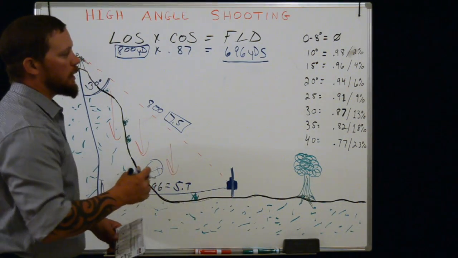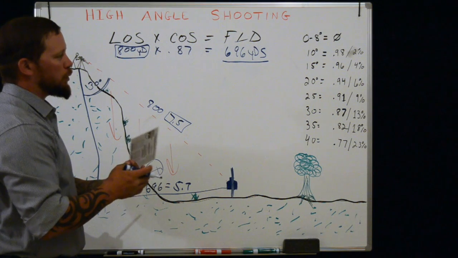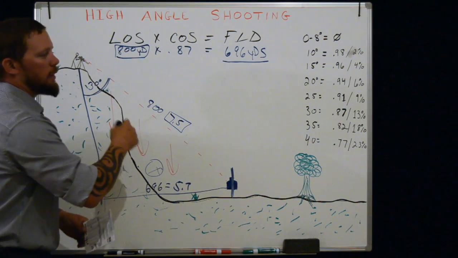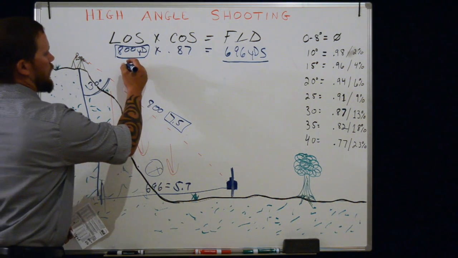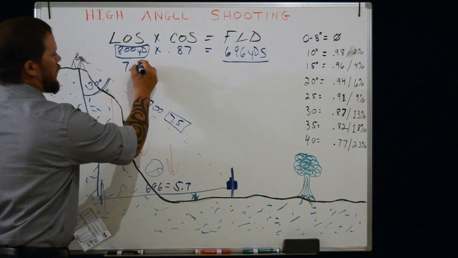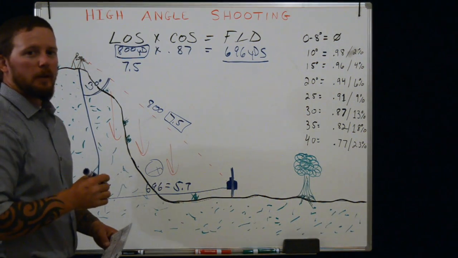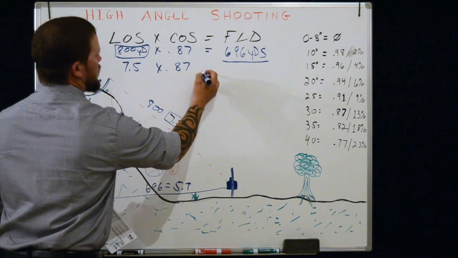Now, one of the mistakes that people often make, and I've heard several reasons why, is that instead of using the range to calculate flat line distance, they will use their elevation setting. So let's try that. 7.5 mils is our elevation for 800 yards. Now we do the same formula times 0.87.